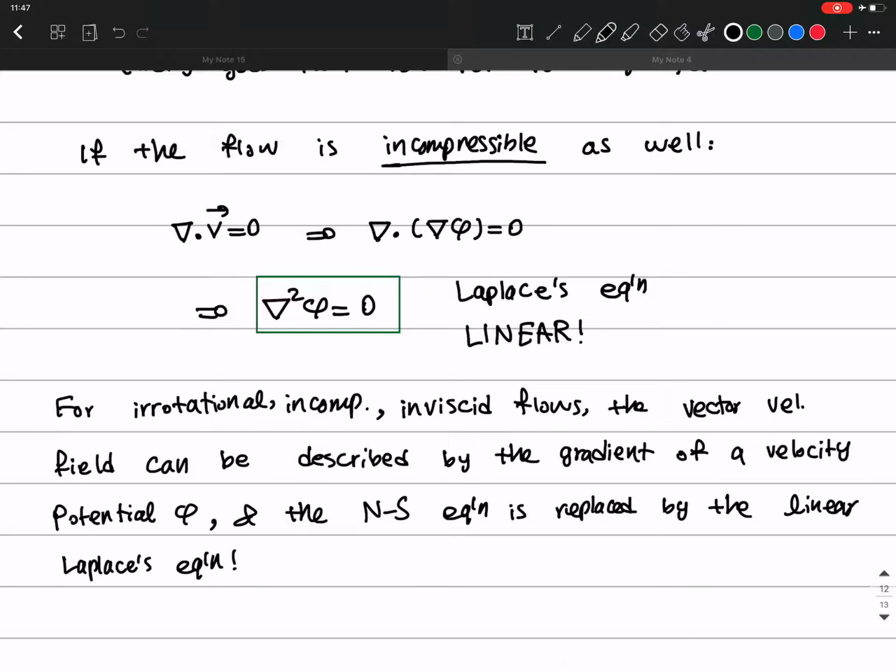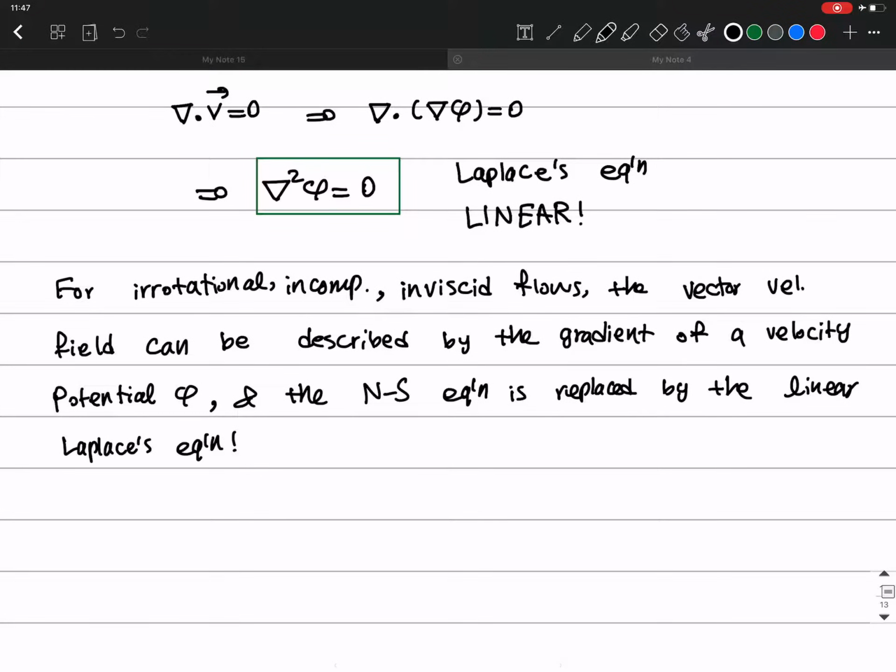Okay, so this helps us find some analytical solutions, because now we have a linear system and we can actually solve this system analytically.